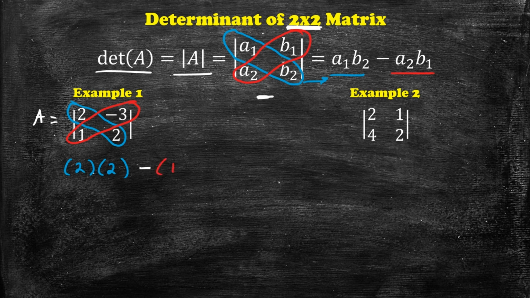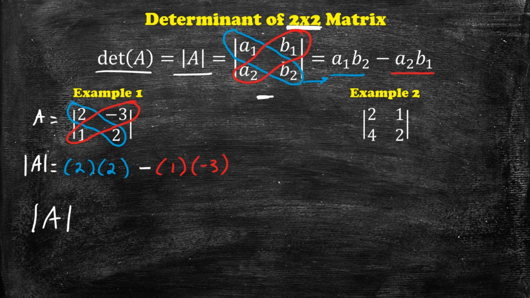So 1 times -3. Okay, so our determinant of A is going to be equal to that there, like that.